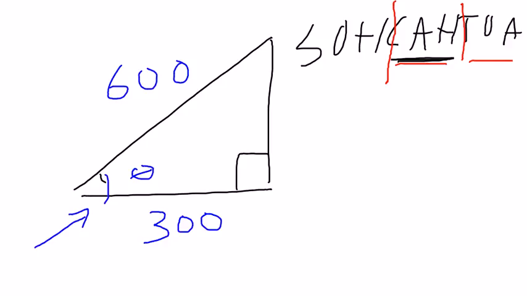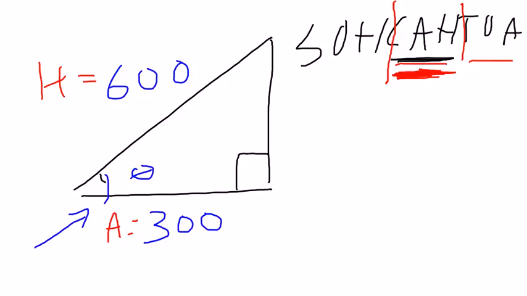In this case, we're going to use cosine, because in order to use cosine, we need to have two of the three things. We need to have two of either the angle, the adjacent side, and the hypotenuse. Right now we have the adjacent side, we have the hypotenuse. So we have two of the three things.